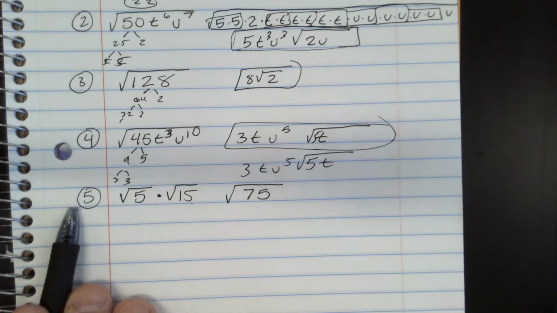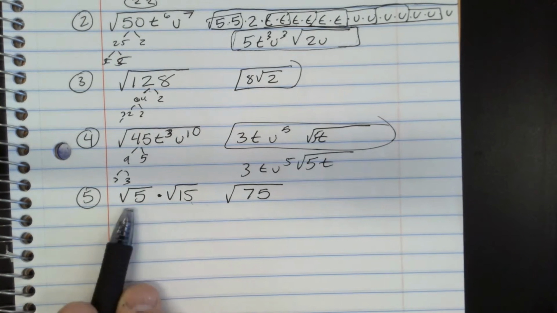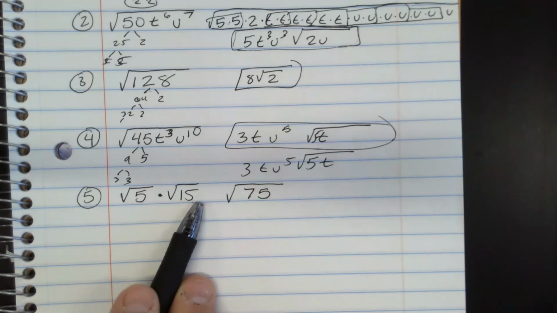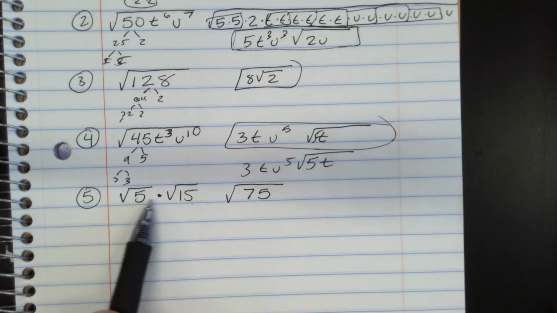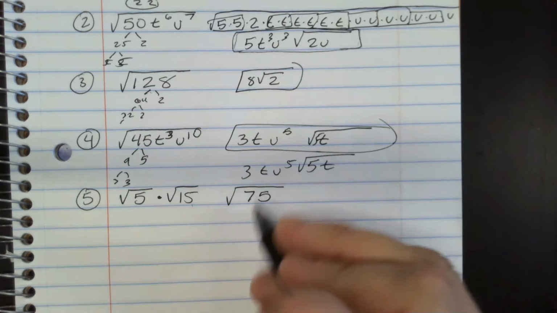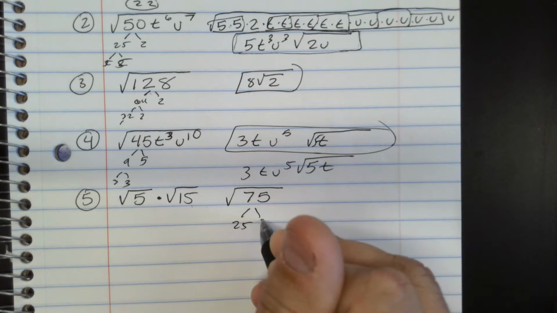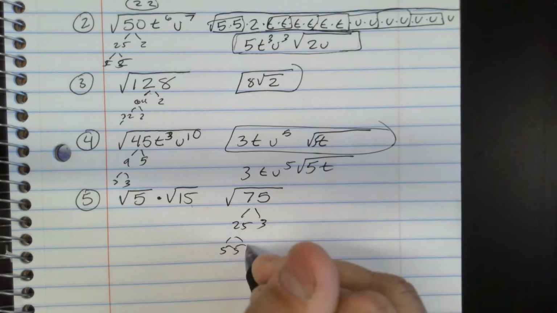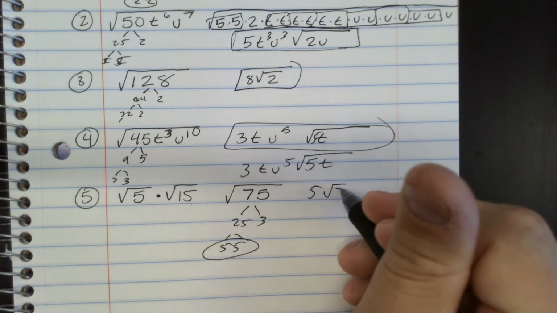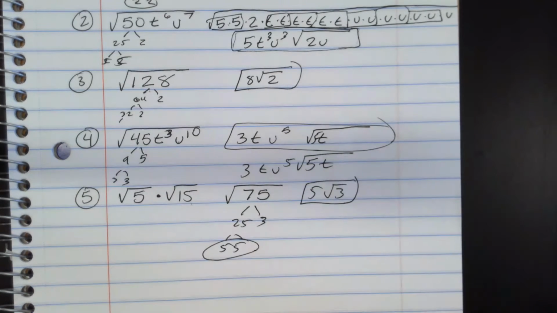In this case, there's nothing on the outside of the radicals, and they're both underneath the radical, so you're going to multiply them together, and then you have to factor. So 5 square root of 3 would be your answer. Who got that one right? Eddie, you got that one wrong? Oh, too bad.